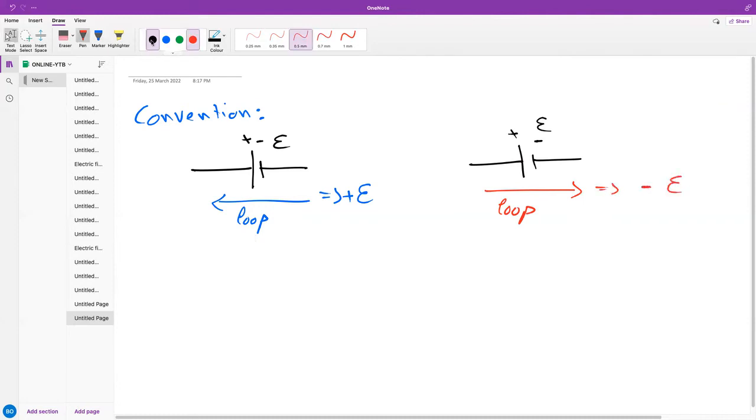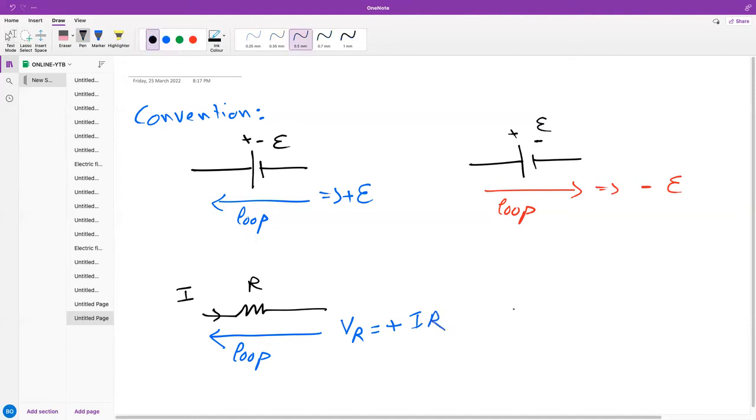Now, for the resistor, let's take a resistor R. Let's assume I have a current direction in this way. If the loop direction is going the opposite way, then the potential difference across R will be plus IR.